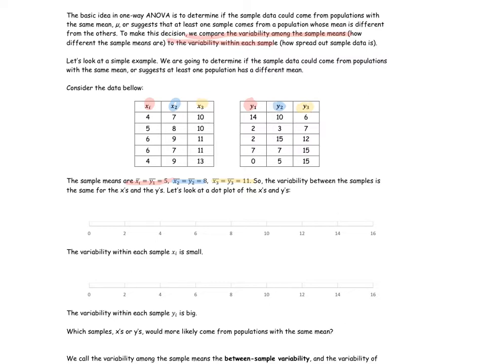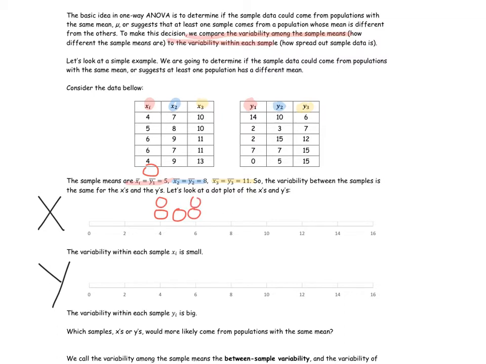Let's begin with a dot plot, and we'll do the X's up top, and we'll do the Y data sets on the bottom. Let's notate the X's with red circles. So for X1, we have 4, then 5, 2 6s, and a 4.